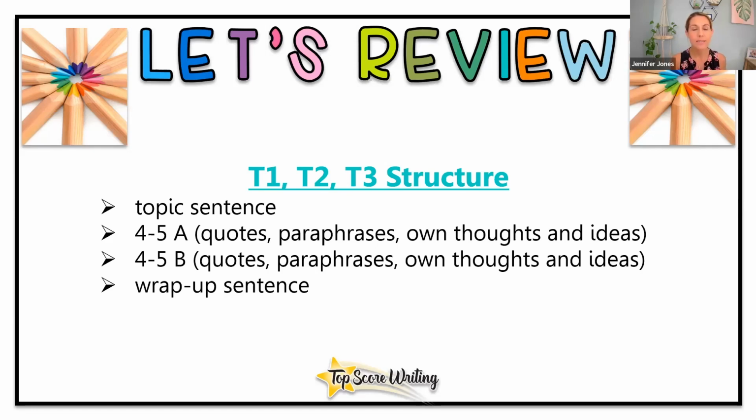Now, our own thoughts and ideas are when we think critically about the evidence and we draw a conclusion or make an inference. So we will use quotes, paraphrases, and own thoughts and ideas to write our 4 to 6 A and B sentences. Finally, we are going to complete each middle paragraph by including a wrap-up sentence.